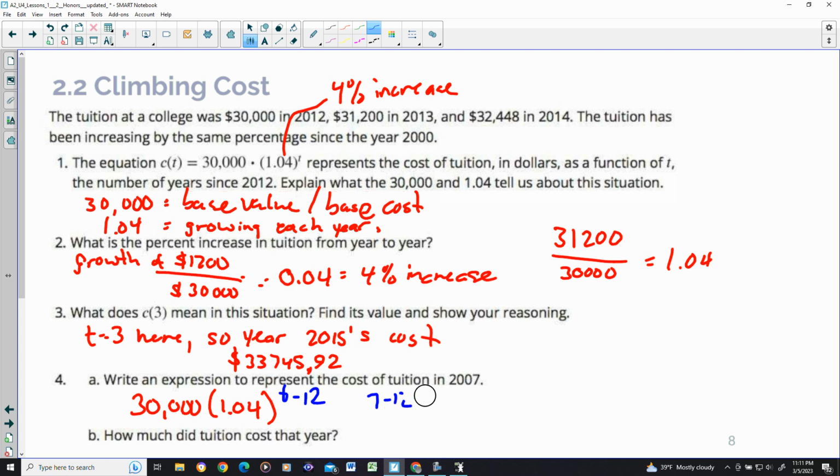So what that must mean is that it doesn't really matter what number you consider as your starting value. You can always convert it back to the correct year. So if you need to go backwards from the current year, assuming you know that the function works, and we're told that it does, then I can use a negative exponent to represent going back to some time in the past.